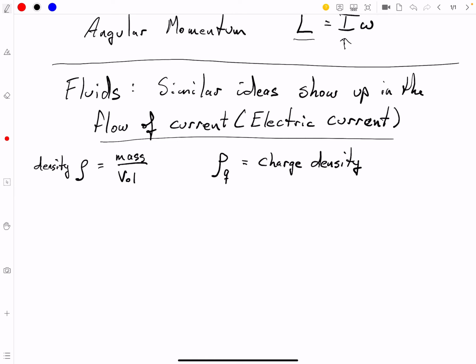And that charge density is equal to the amount of charge in the specific volume that we are choosing. So many charges in a volume, and that'll give us our charge density.